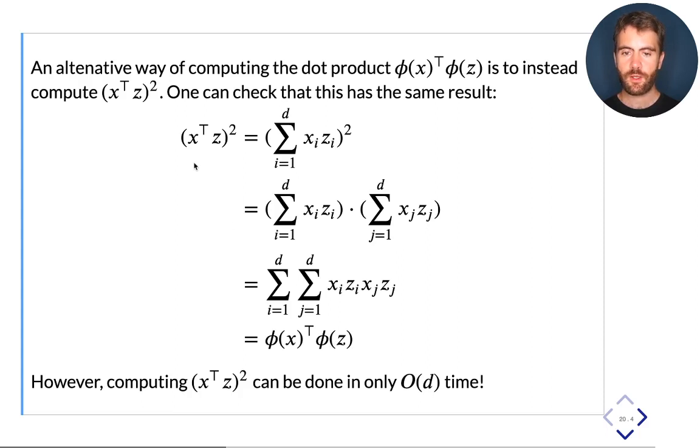But this expression can be computed in only big O of d time, because I only need to compute the dot product between x and z, which takes big O of d time since each of them has length d, and then I simply take the square. Now I have the expression for the full dot product in feature space in only big O of d time.